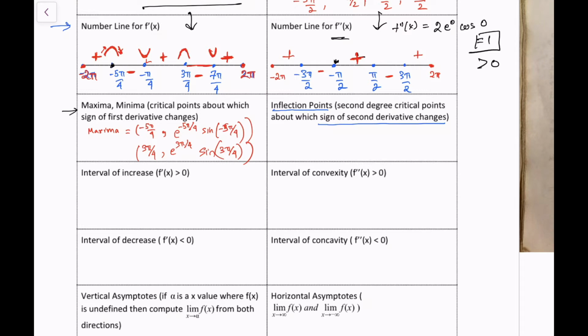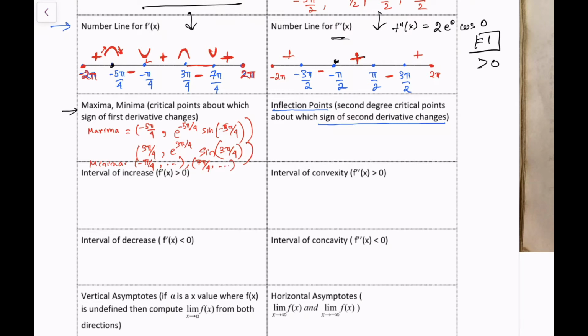We are out of space, but you can record the minima here. And minima would be at negative pi by 4, and obviously the other one is 7 pi by 4. So negative pi by 4 and 7 pi by 4. And we have to find the corresponding y values.